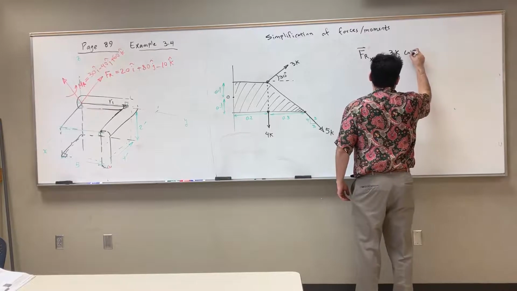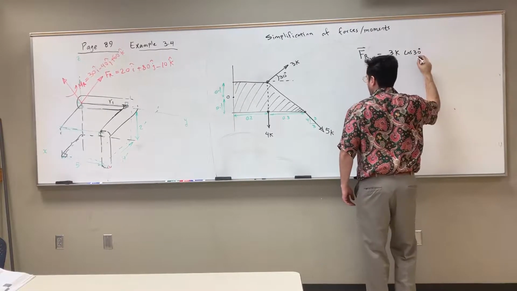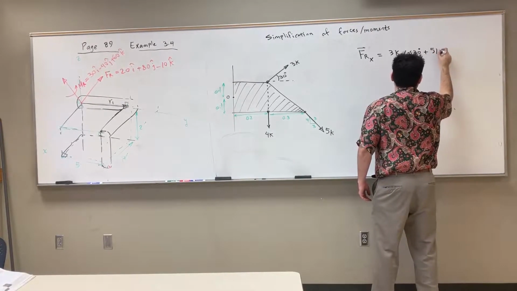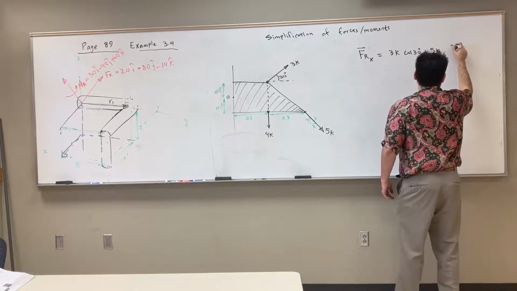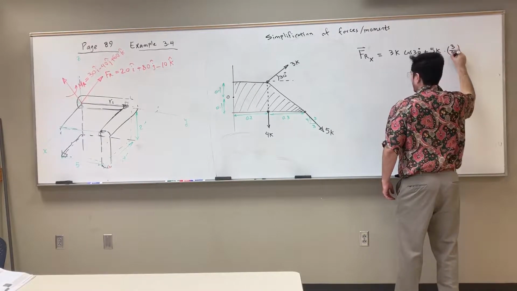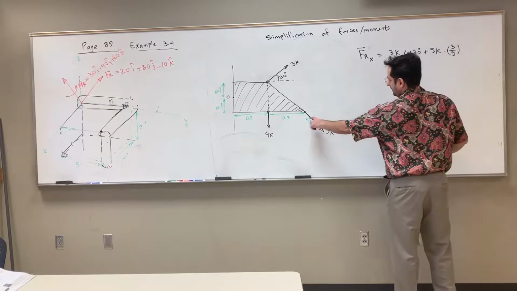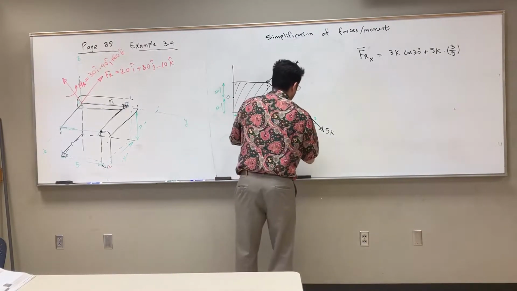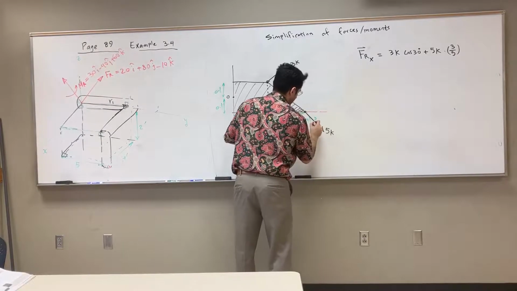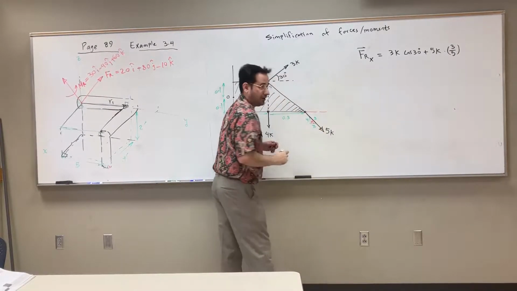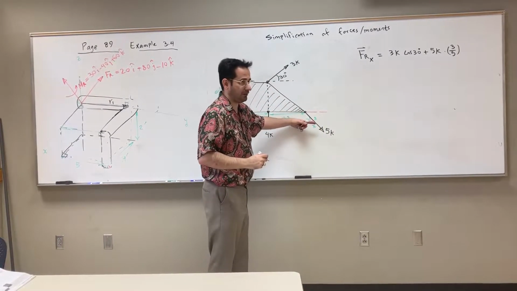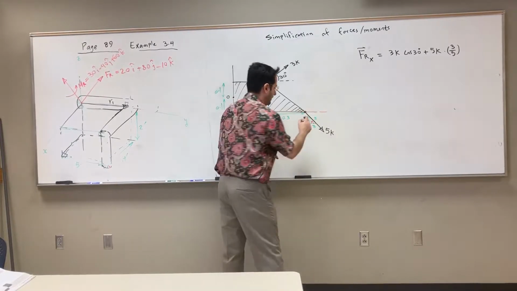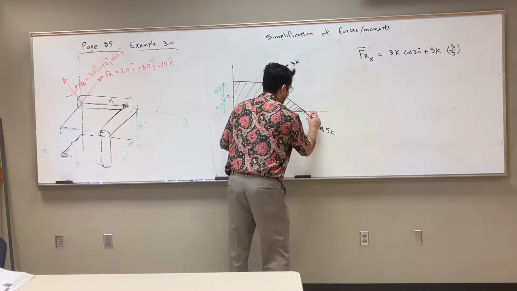3k cosine 30, positive, plus 5k times 3 over 5. That comes from this angle. If this angle is theta, then 5k cosine theta is the x component, because theta is this.